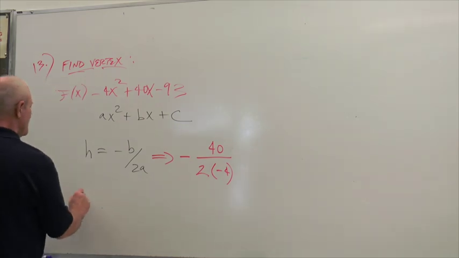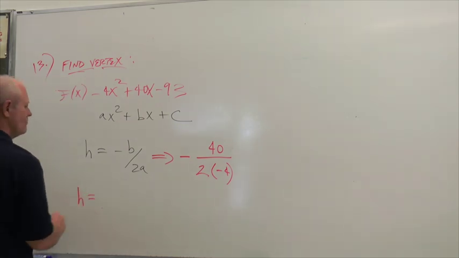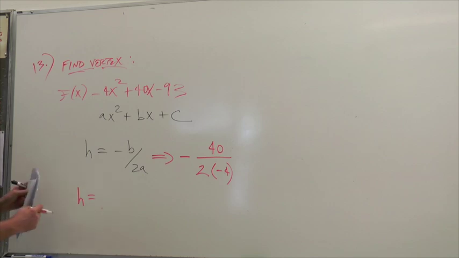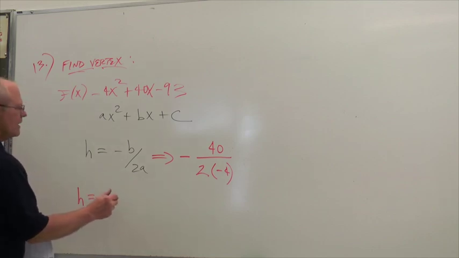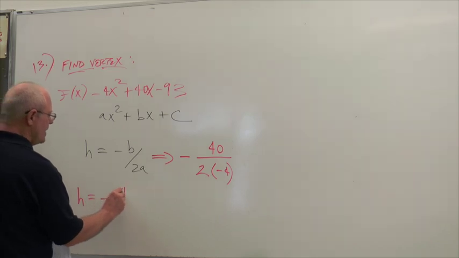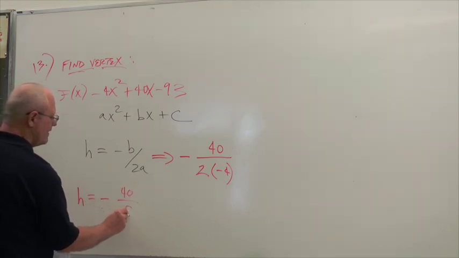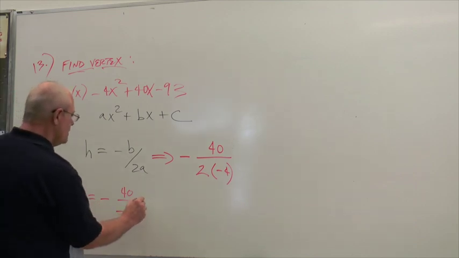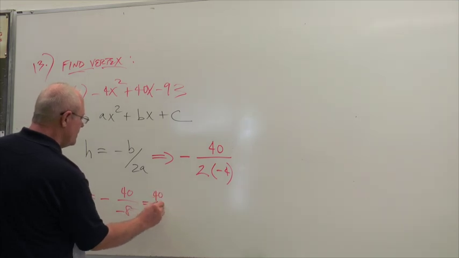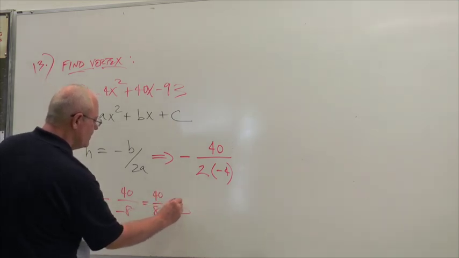So what is h now? This goes to negative 40 over negative 8. But what's a negative times a negative? A positive, isn't it? So this just becomes plain old 40 over 8, which is 5.